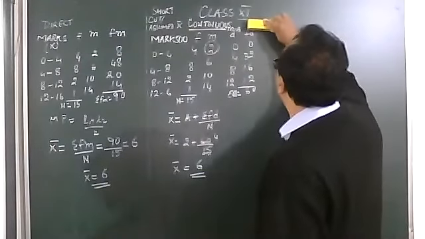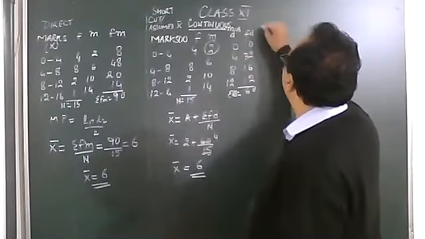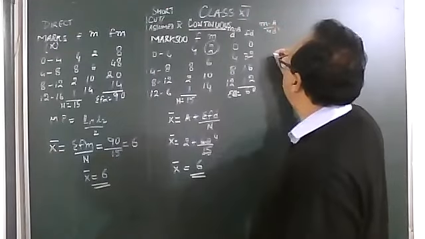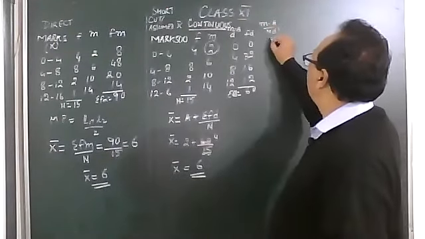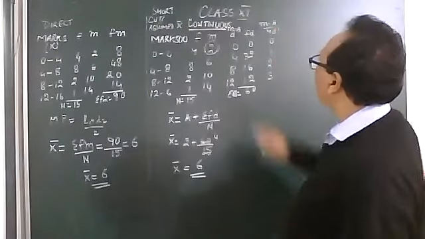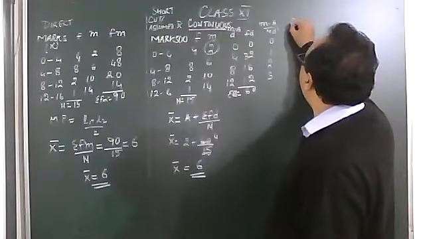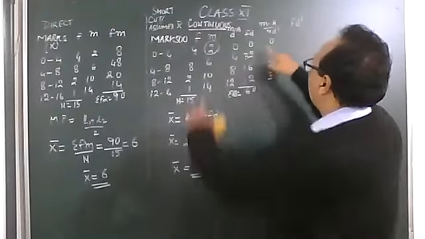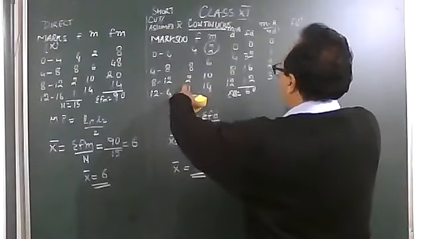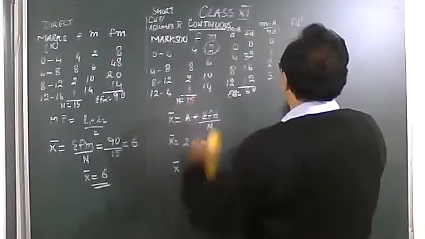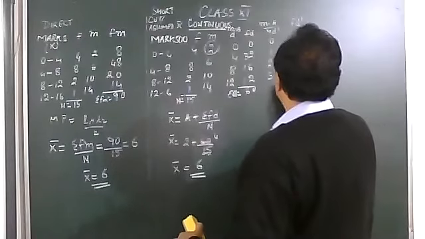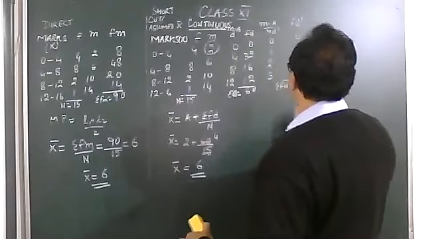So if I say m minus a divided by 4, and call this d dash. 0, 4 ones are 4, 4 twos are 8, 4 threes are 12. Now we will multiply f with d dash. 4 zeros are 0, 8 ones are 8, 2 twos are 4, 3 ones are 3. Sum it up, 8 and 4, 12, and 3, 15. Sigma f d dash is equal to 15.